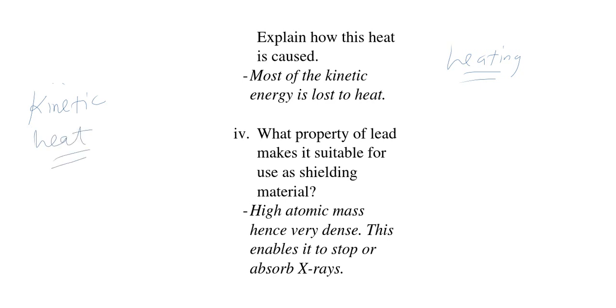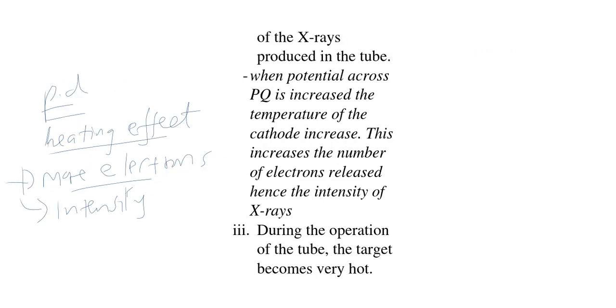Most of the kinetic energy is lost to heat. This is because only about 0.5% of the total energy is transformed to X-rays. The rest of the energy is transformed to heat, and that is why the target becomes very hot.